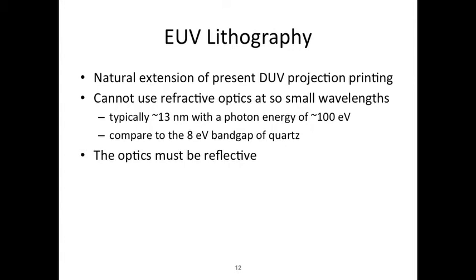In a few seconds, your quartz would be totally densified, and it will have a lot of defects at different places, and it might melt down if you expose it for a longer period of time. So your optics cannot also be quartz or glass based, so you have to use reflective optics as we discussed previously.